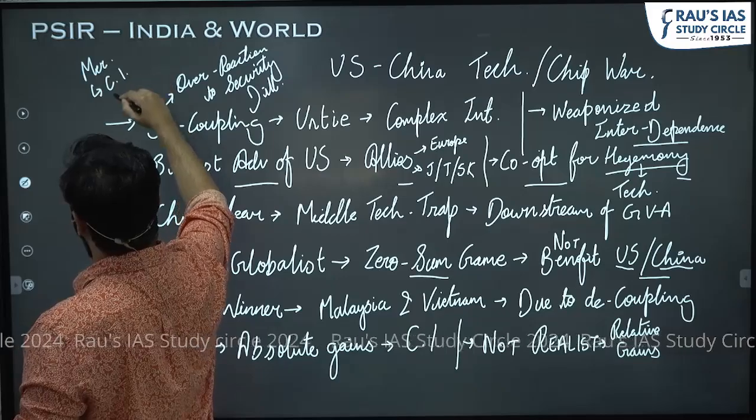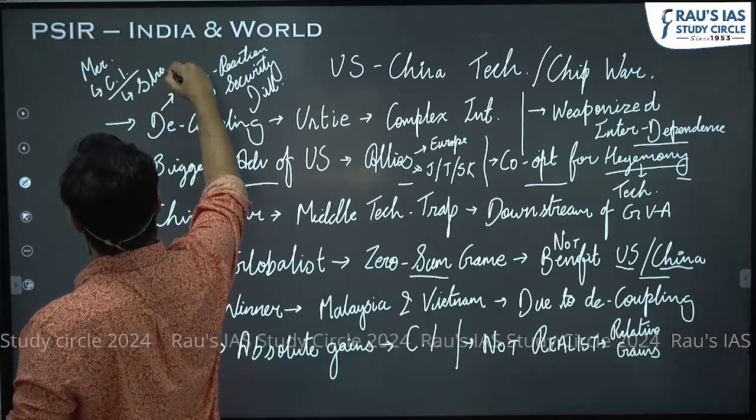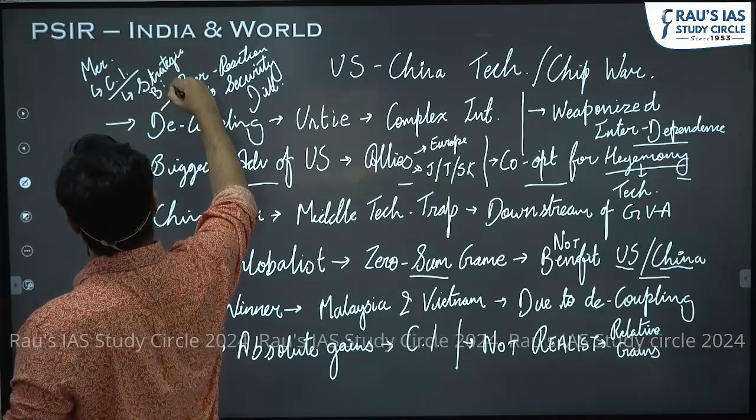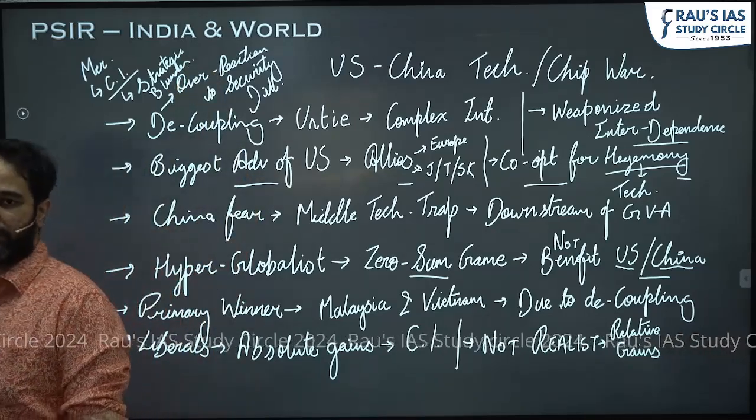So for him, the complex interdependence that was built was a strategic blunder.